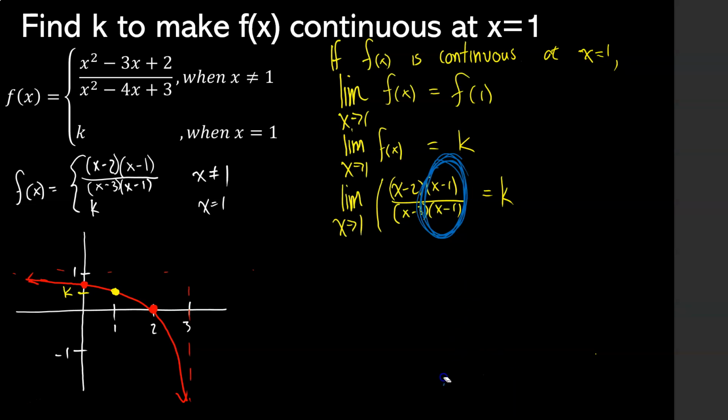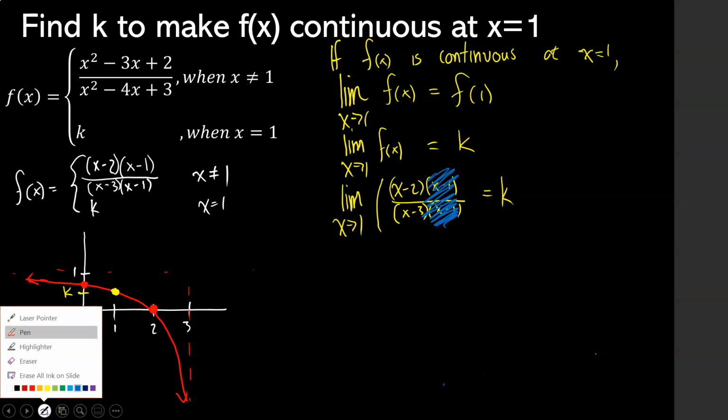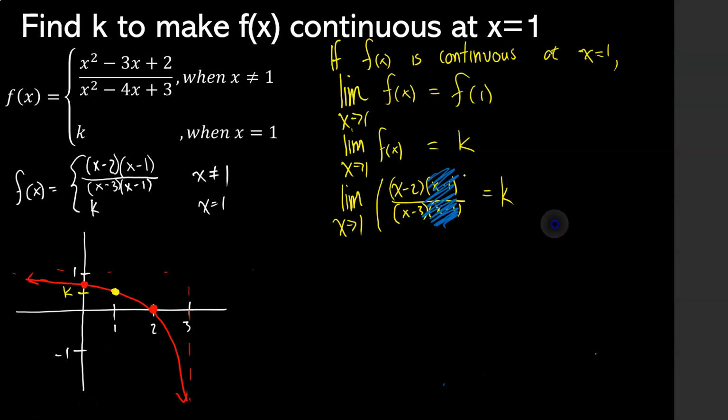I don't really think it's a good idea to cross them out, although some people will tell you to. I'm just going to ignore them temporarily. The x minus 1s only matter when x equals 1, but hopefully you know that when we do a limit as x approaches 1, we're not using exactly 1.